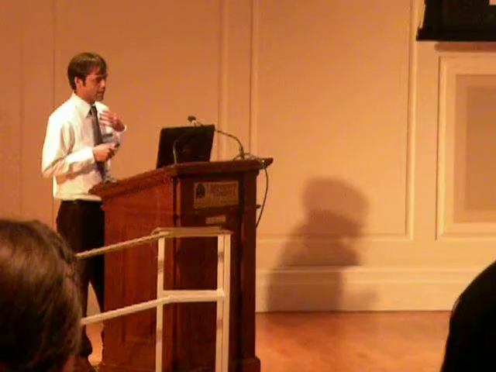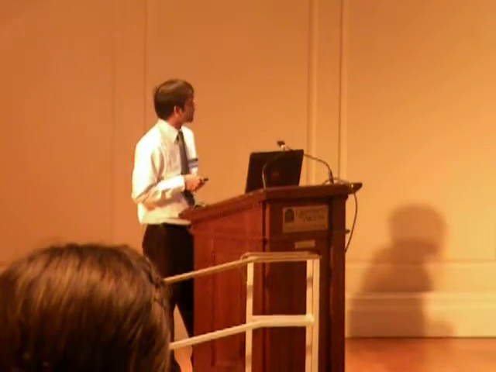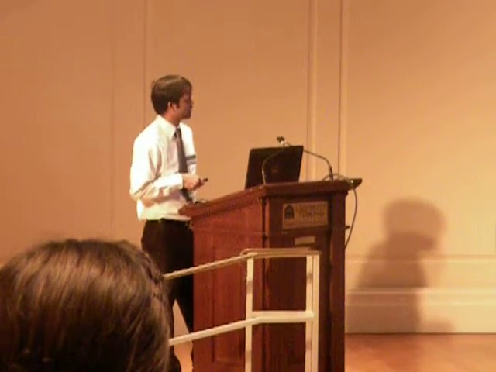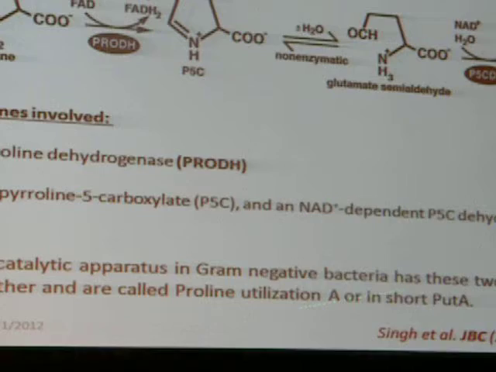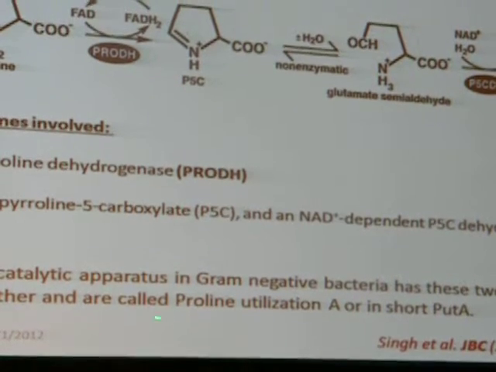They are coded by the same gene, and they exist in gram-negative bacteria. So they are actually a bifunctional protein, and in short we call it proline utilization A, or I will be calling it PutA throughout my talk.